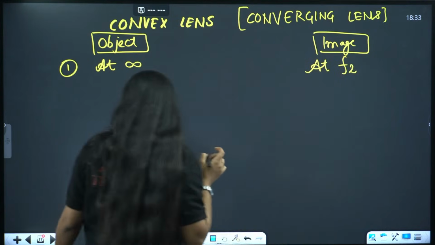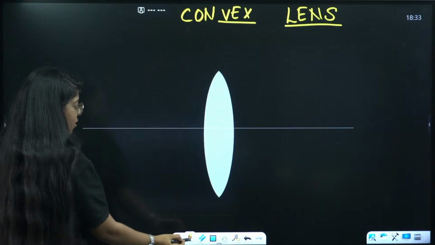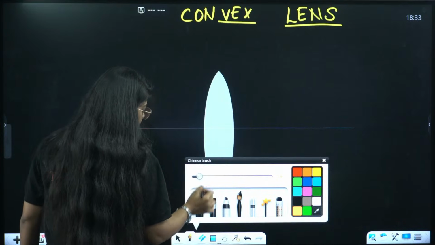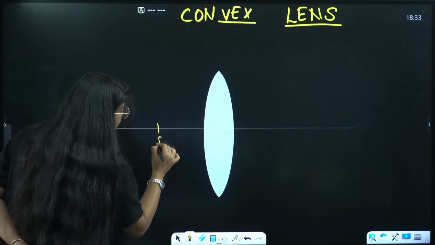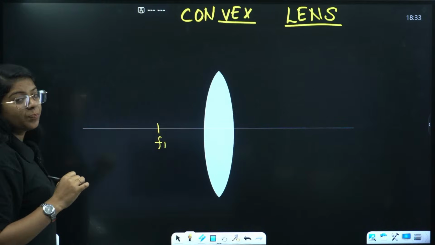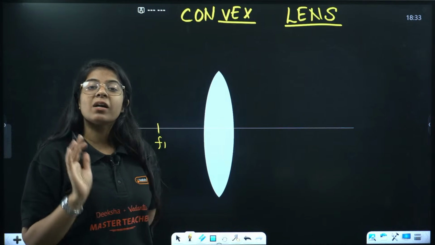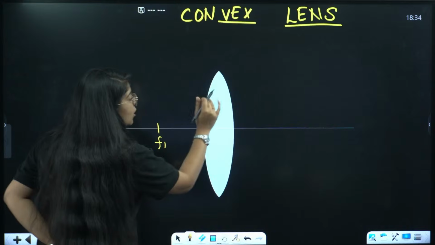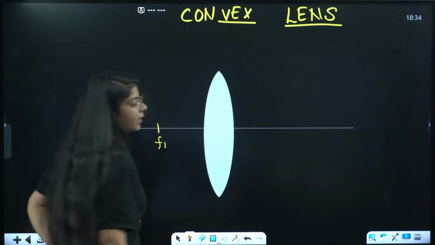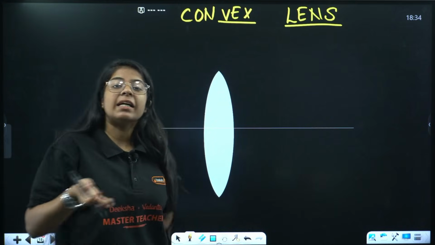Let's just see first what is f1, f2, everything. ठीक है? So in this case of lenses, this is f1. Why do we have 2 focuses? Because we are getting refraction. The light is going inside the lens and passing it. In case of mirror, it was getting reflected back.